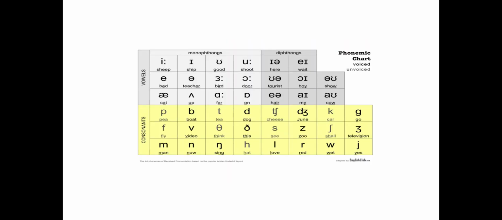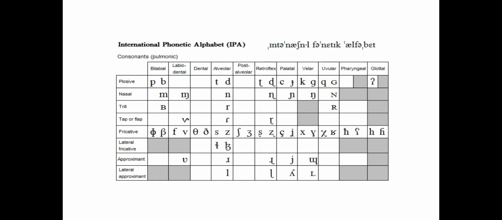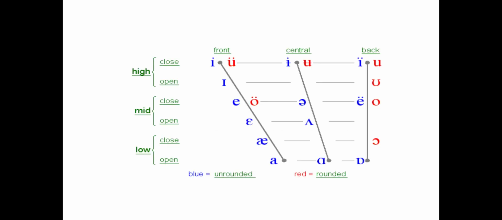There are a few things you need to know about phonetics. The first one is the phonemic chart, the second is the International Phonetic Alphabet, and the third is the sound symbols for vowels. And there are three areas of how phonetics reveals what sounds are made of.